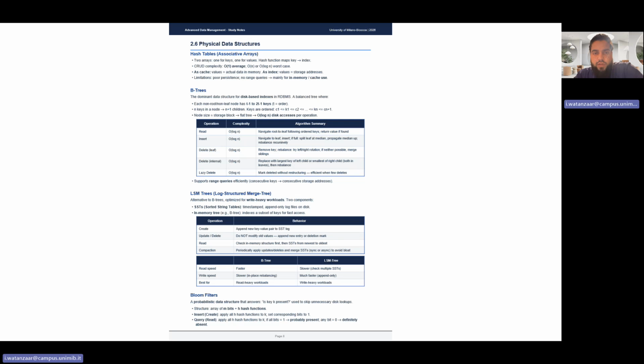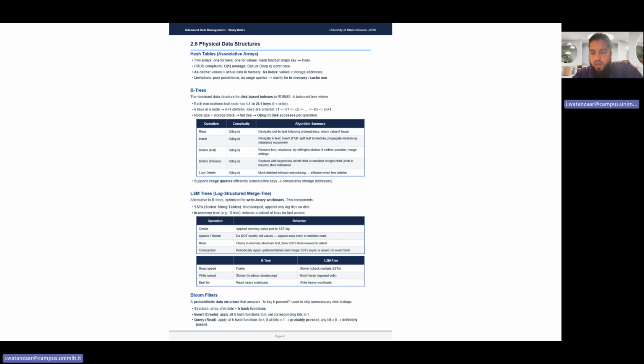For read, the complexity is big O of log n in the worst case. In a read, navigate from root to leaf following ordered keys and return the value if found. So if we are reading from a B tree, we go from the root node to the end leaf, and if found, we return it.